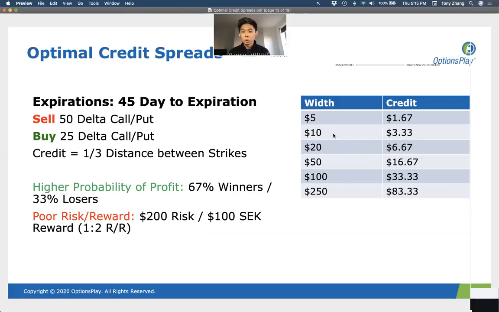Is the max risk really just the spread of the strikes minus the premium collected? Yes, that is. The max risk is just the difference between the two strikes minus the premium that you collected. Can you ever lose more than this amount?